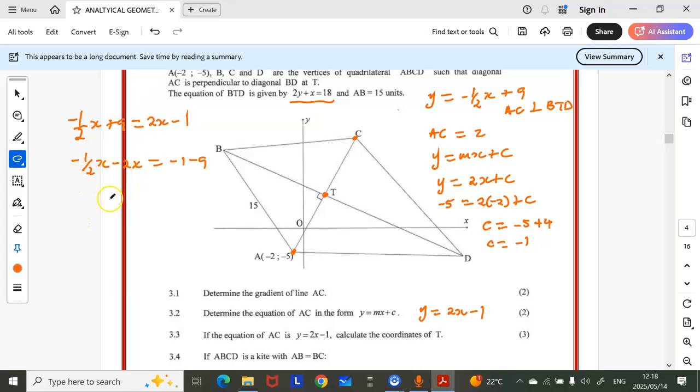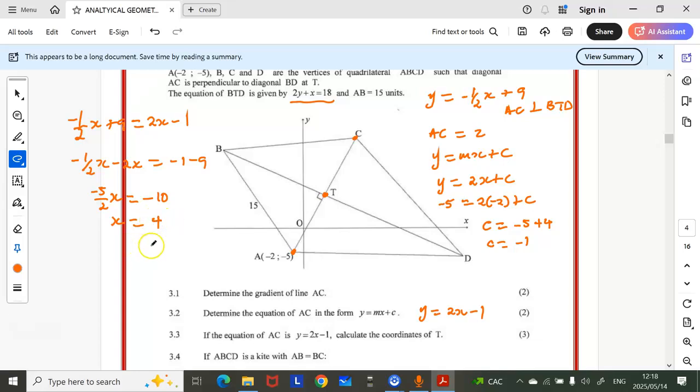Minus half minus 2, that will be minus 5 over 2, right? Equal to minus 10. So if we divide by minus 5 over 2, or we multiply by 2 over minus 5, that will give us x equal to 4, right?